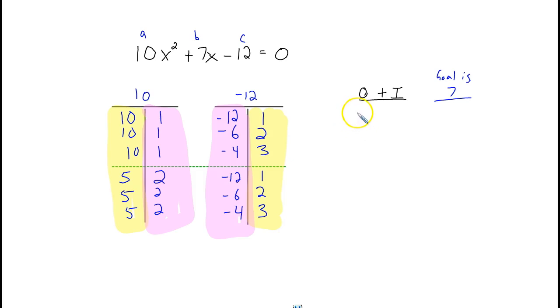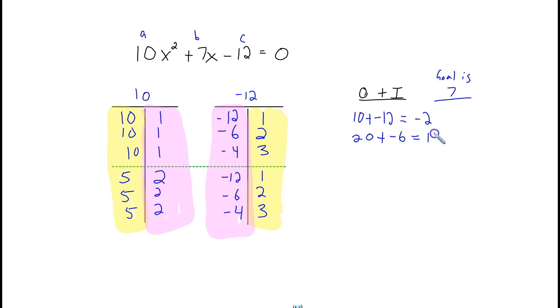10 times 1 is 10. See, I'm not going to write it all out. I'm just going to go ahead and multiply. And then 1 times negative 12 is negative 12. My goal is 7. If I don't get 7, I got it wrong. And negative 2 is not 7, so I go to the next one. Outside, 10 times 2, that's 20. Inside, 1 times negative 6 is negative 6.